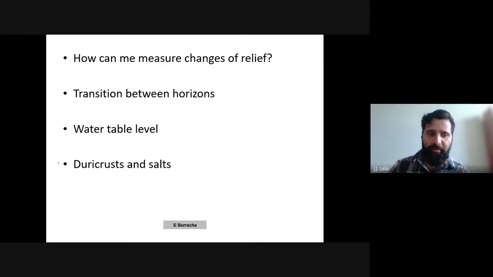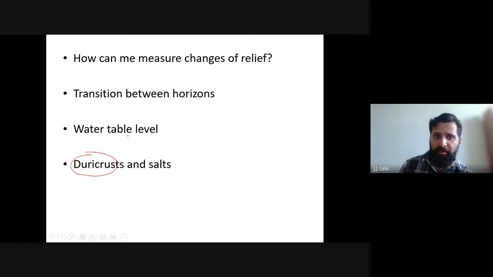So the presence of these dirt crusts could show us some change of climate conditions and some change of relief if you are looking at its position.